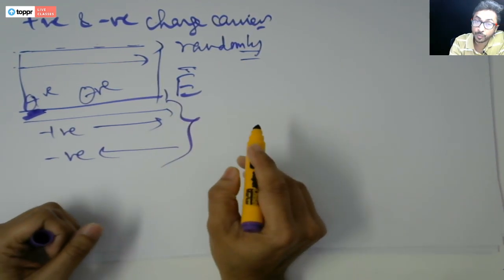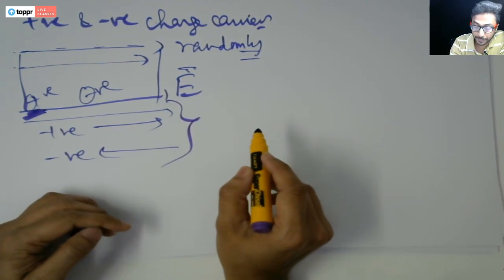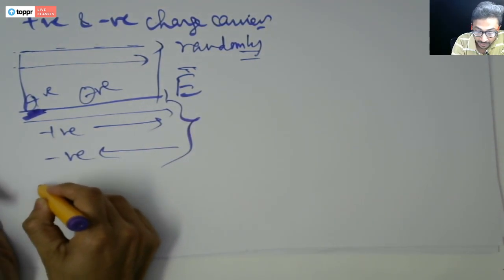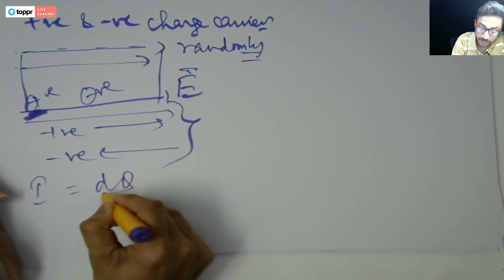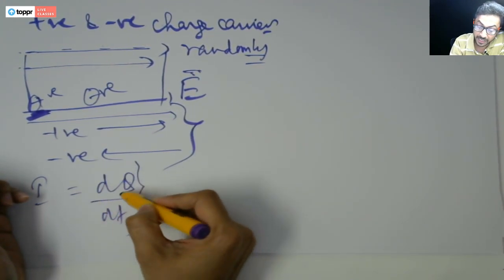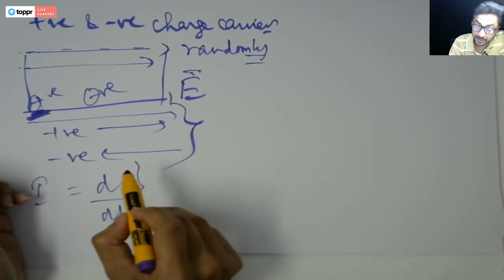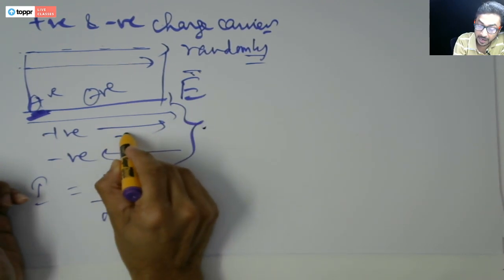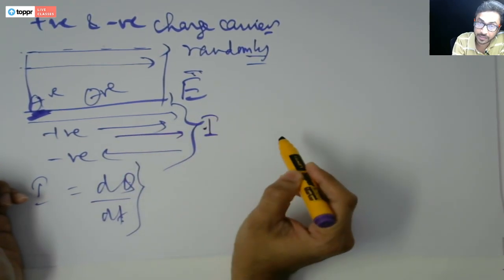But what current direction will we take? One thing I should have specified: when I write current equals dq by dt, this is the mathematical expression, but here it is the rate of flow of positive charges. So if positive charges flow in this direction, current is also in this direction.